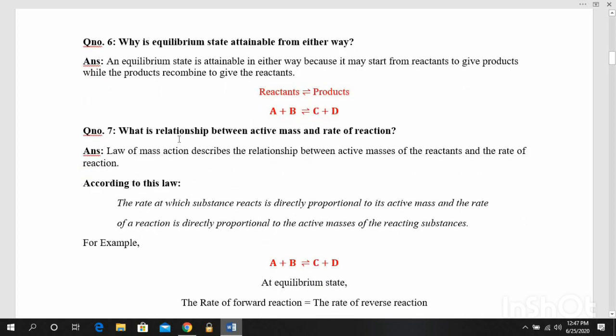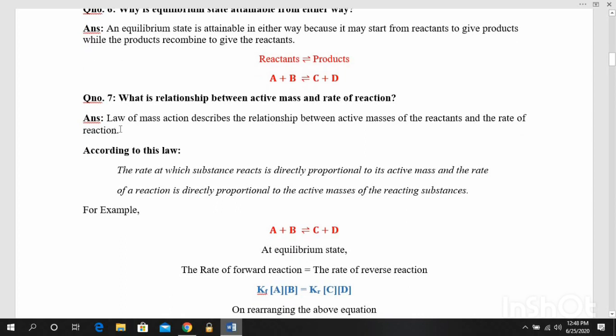Okay, so question number 7 is, what is the relationship between active mass and the rate of reaction? First of all, we need to know that the law of mass action describes the relationship. This is the basic answer: the law of mass action describes the relationship between active masses of the reactants and the rate of the reactions.